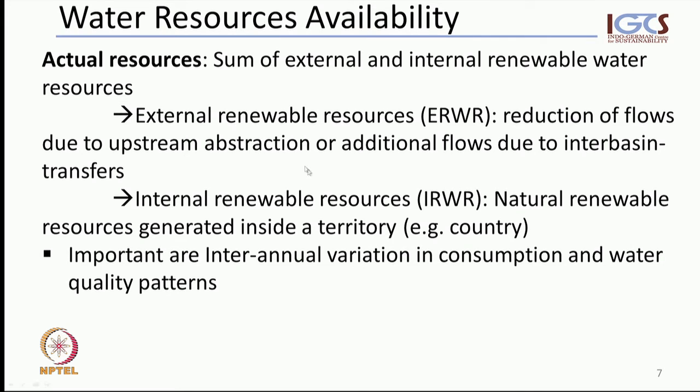Now, important is that when we come up with actual water resources amounts, those vary very much over years and over seasons, and for that reason we have to build in those interannual variations. This applies in terms of consumption and in terms of water quality patterns. Just think of agriculture taking place within a catchment area.